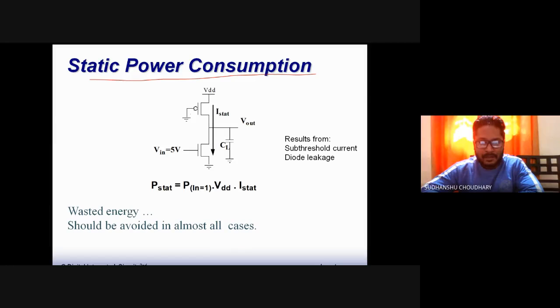For example, let's say the gate of this MOSFET, that is PMOS, is somehow tied to ground, so this is always on, and if you are applying V in as 5 volt to the input, there is no switching event going on, but still, since my PMOS gate is somehow tied to ground because of some unknown reason, I'll have a direct path again between VDD and ground, so current can flow from VDD to ground. So again, a waste of energy or waste of power because of this issue.